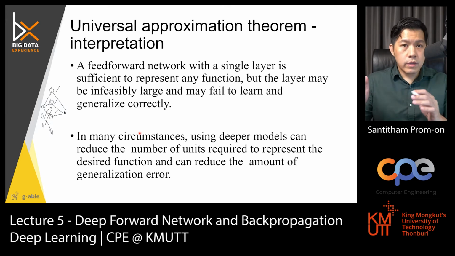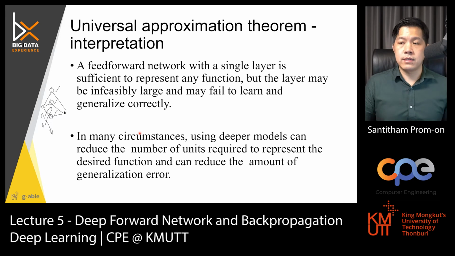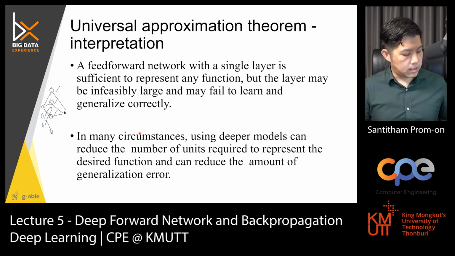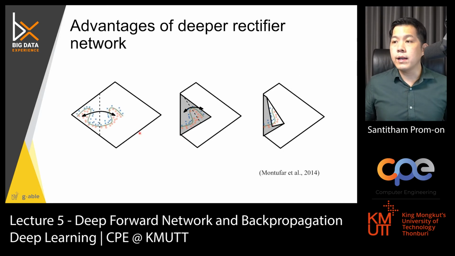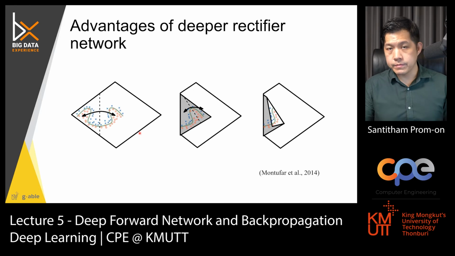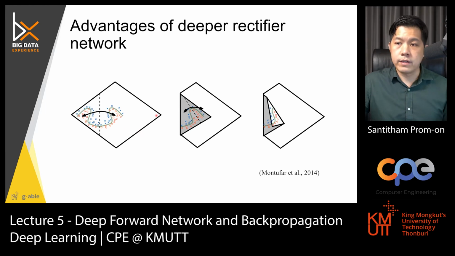Okay, so having a deeper model has certain advantages because the deeper model will work like this. This is from Montufar 2014. It works like domain mapping. So let's say you have a data distribution that looks like this, and you use a deep neural network. What happens?